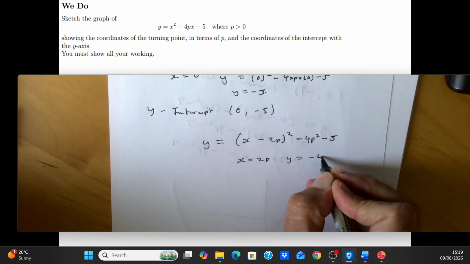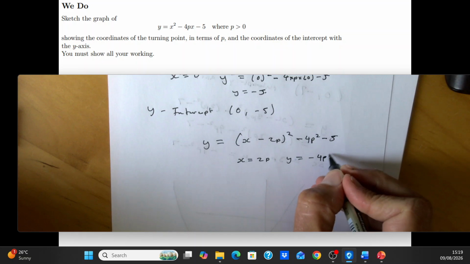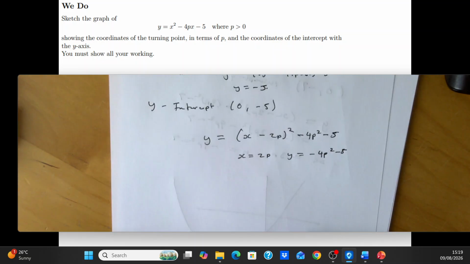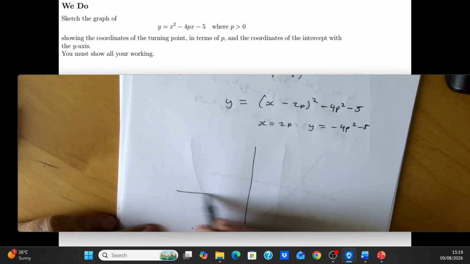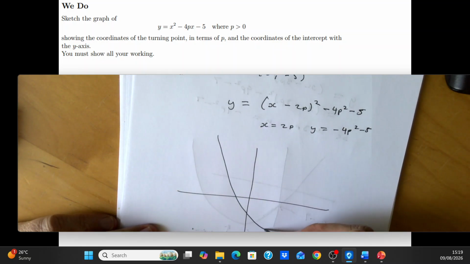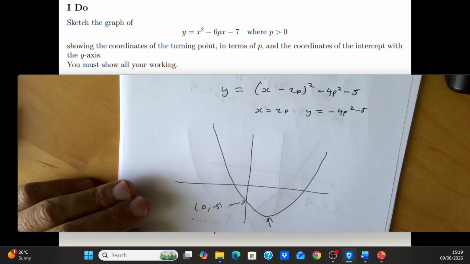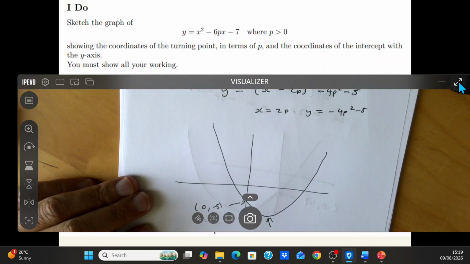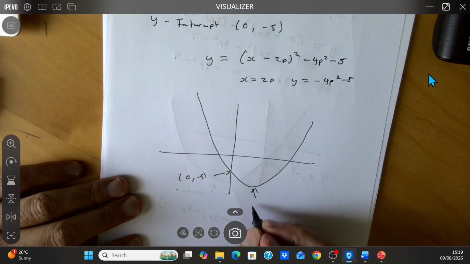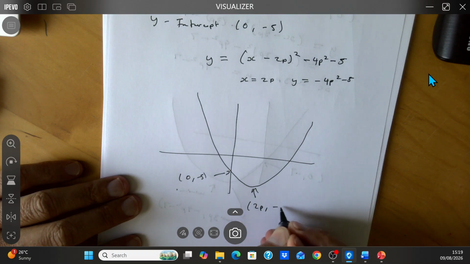And y equals that. So sketch our axis. That is our y-intercept, which is (0, -5). That is our turning point, which is at 2p, minus 4p squared minus 5.